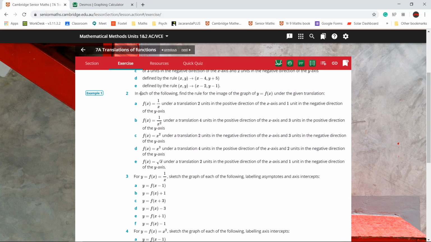So let's look at question 2. In each of the following, find the rule for y equals f of x under the given translation. The original function for the first one is a hyperbola, 1 on x, and we're translating 2 units in the positive direction of the x-axis and 1 in the negative direction of the y-axis.